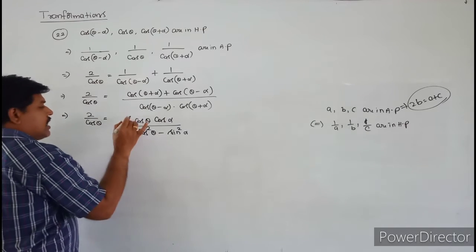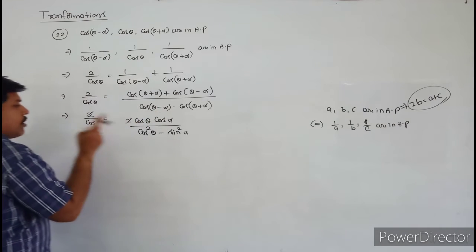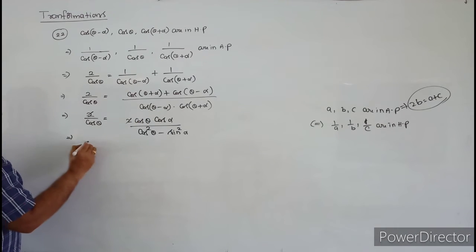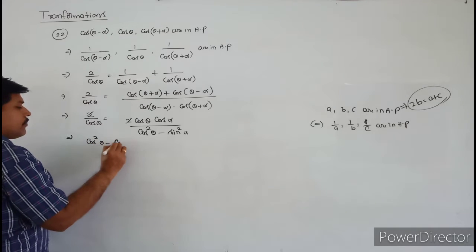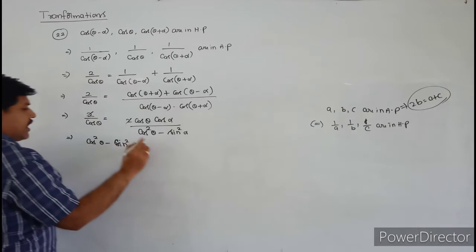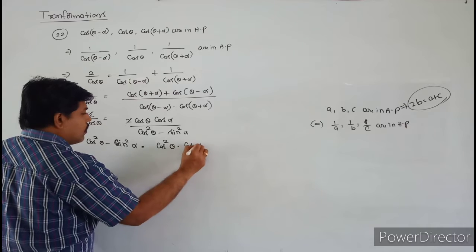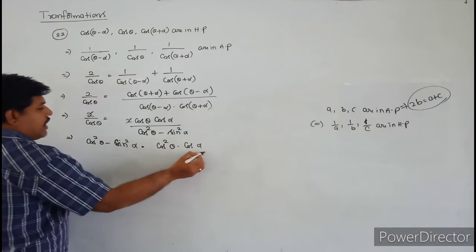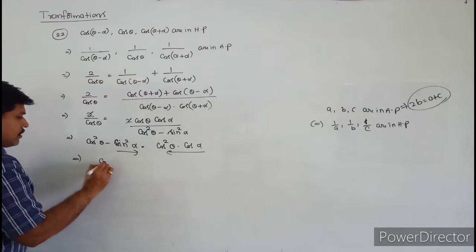So take this, and here I will cancel this value and take this denominator to that side, and take this denominator to this side. Cross multiply. So what it will become: cos square theta minus sin square alpha is equal to, take this term to that side, cos square theta into cos alpha. So take this value to this side and this value to that side. What happens, students?